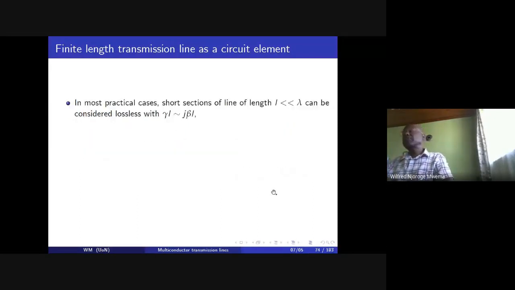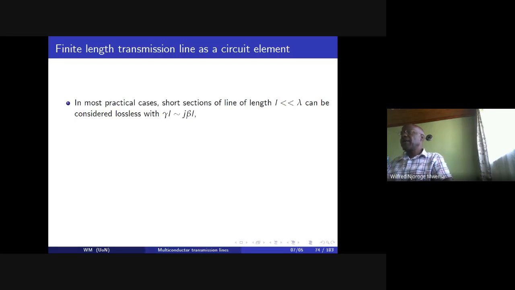So for most practical cases, short sections of line with a length L much smaller than the wavelength of the signal can be considered to be lossless, because then alpha multiplied by L will be very small, and therefore the wave will not have attenuated much if L is small.